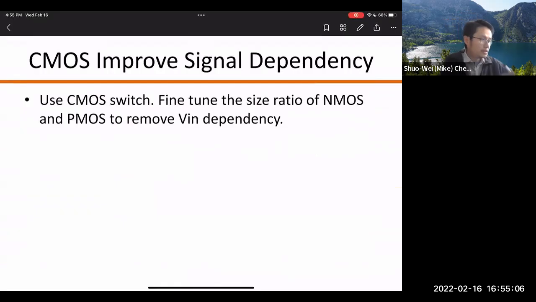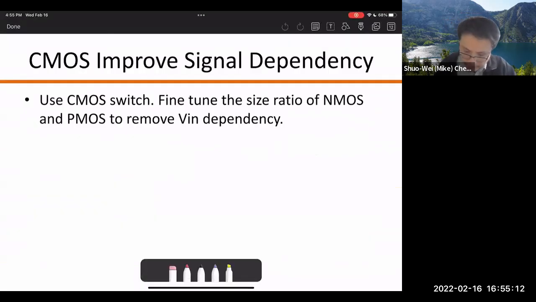So the first one is the CMOS switch, and I believe some of you actually hinted at this when I was talking about the single switch sampling circuits, right? Some of you already said, hey, why don't you use CMOS? In digital circuits, we call that a transmission gate, right?